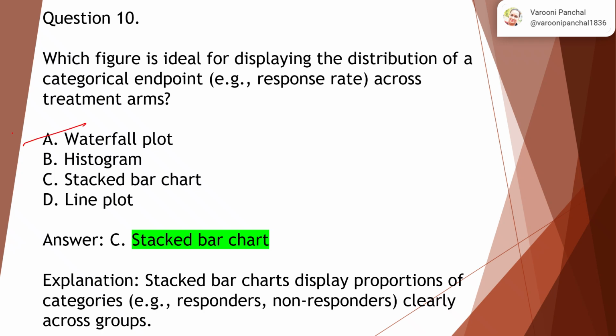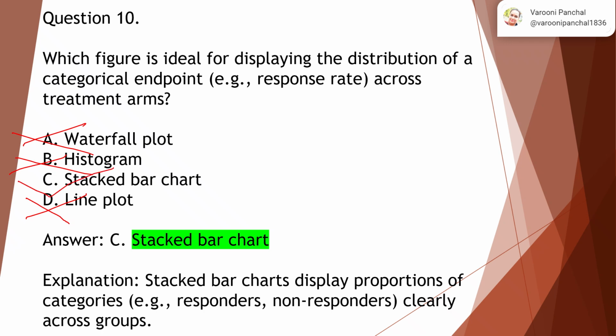So this is not the right answer. Option B says histogram. Now histogram is also not the right answer. Option D says line plot. Now line plot is also not the right answer. So the best fit for this figure is the stacked bar chart, where the treatment arms are presented in a stacked bar, especially the response rate values.